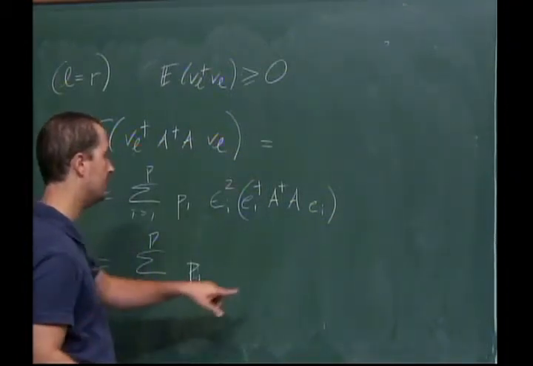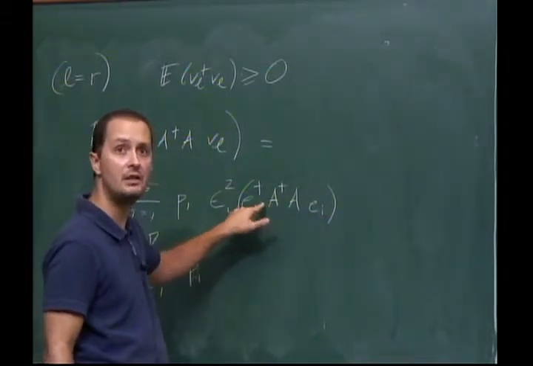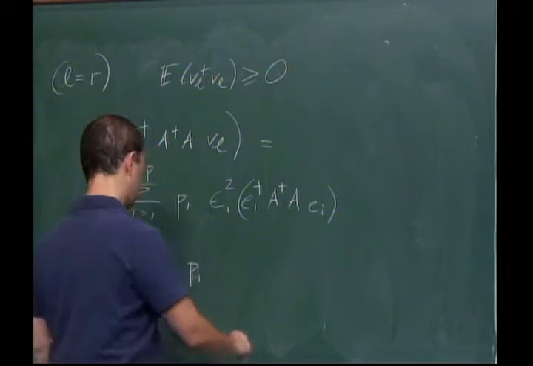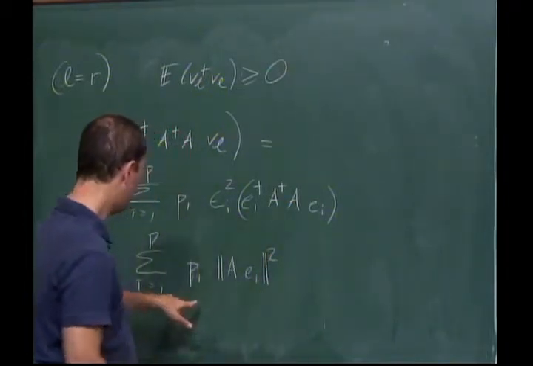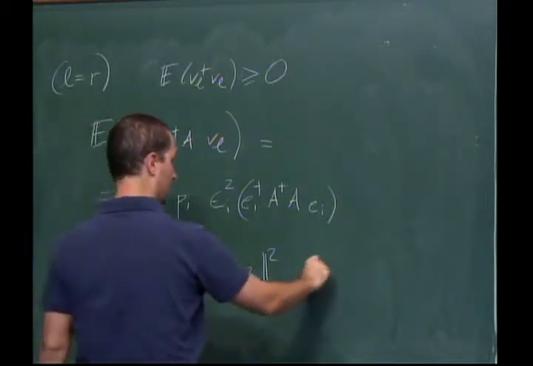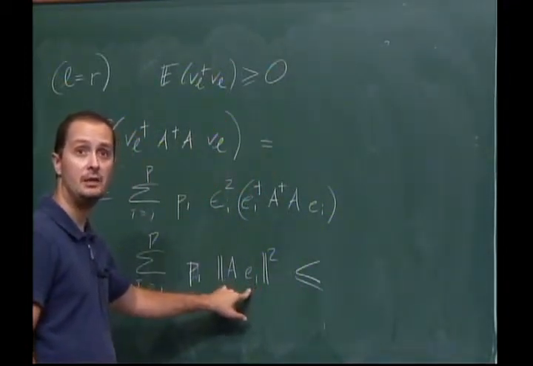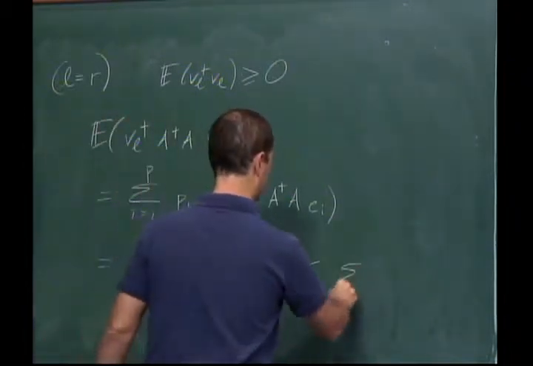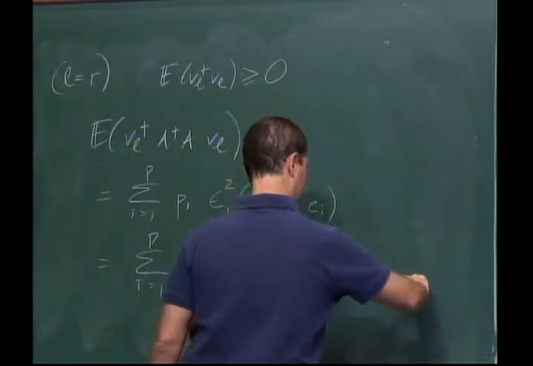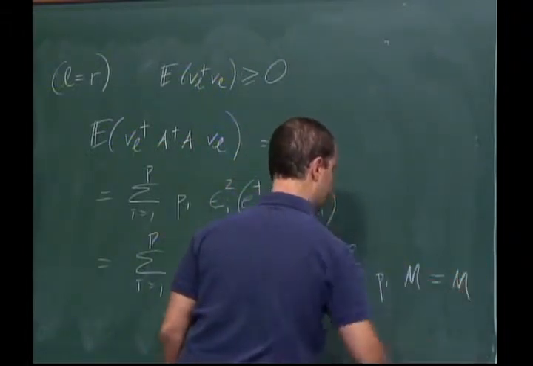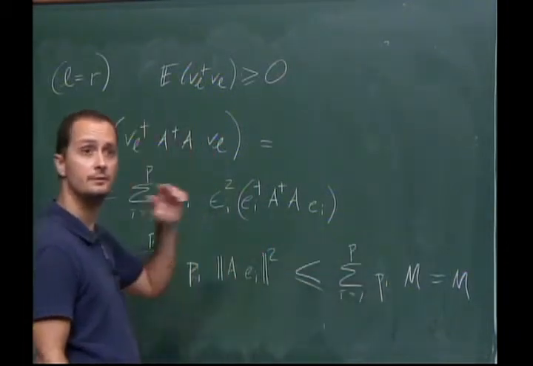What is this? This is the inner product of AEI with AEI, so this is just the norm of AEI squared. And remember, part B of our assumptions is that these numbers are bounded by M. So the sum is at most M because the coefficients add to 1.